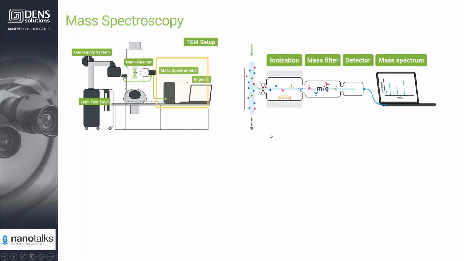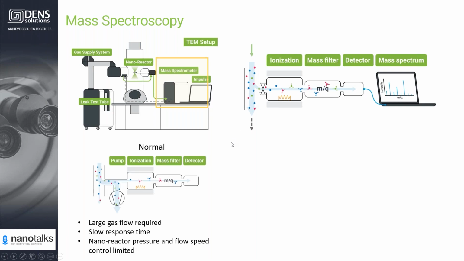So here I am trying to talk about why you still need some gas to return to the gas supply system. Let's look at the normal mass spectrometer setup. Normally, when the gases leave the holder and come to the mass spectrometer, most of the gas needs to enter the mass spectrometer because there is a pump before the detection part.